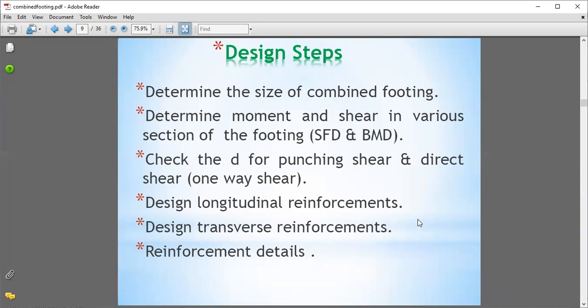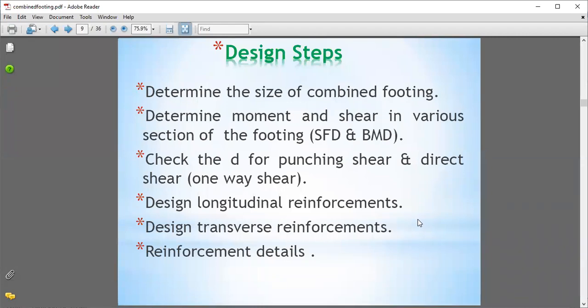After that, we have to calculate the shear force and bending moment diagrams with the help of the column loads: column number 1 having some load, column number 2 having some load, and based on this we calculate the SFD and the BMD. After the SFD and BMD, we have to check the depth for the punching shear and the direct shear. आपल्याला काय करायचंय, we have to check the depth for the punching as well as the direct shear.